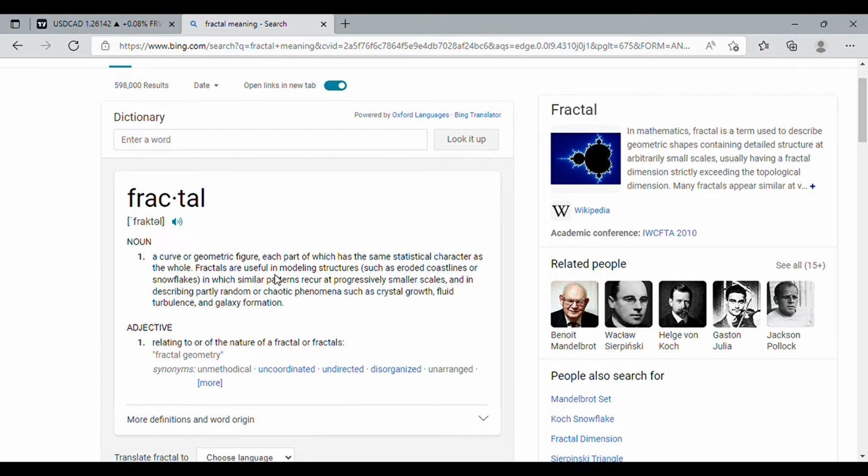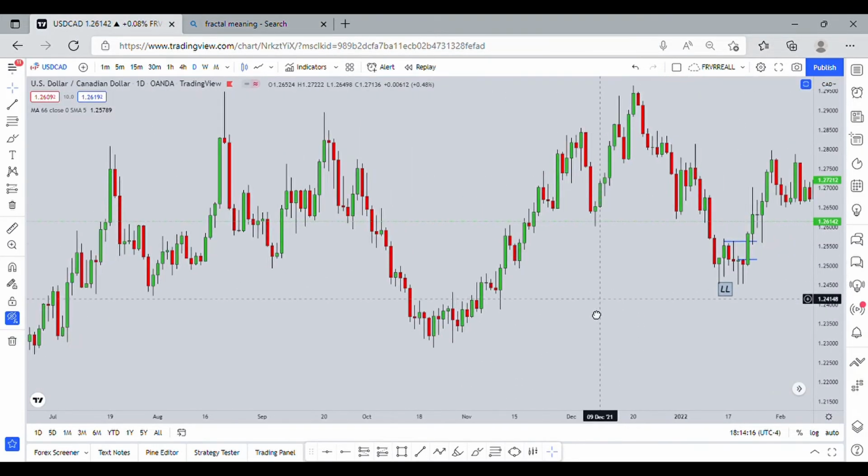Fractals are useful in modeling structures such as eroded coastlines or snowflakes, in which similar patterns recur at progressively smaller scales, right? So same thing with the markets.